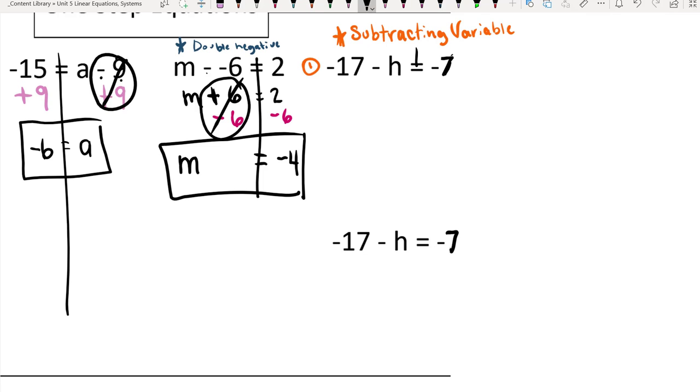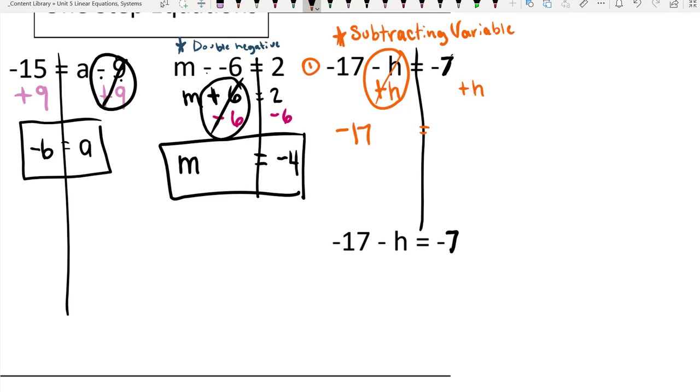Still going to draw the line at the equal sign. Now for some people, the method that works for their brains is they're going to add the h to both sides because they don't want to deal with a negative variable. Now when I add h here to this negative h, those two are eliminated. Negative 17 is left. And right here, I cannot combine negative 7 plus h.